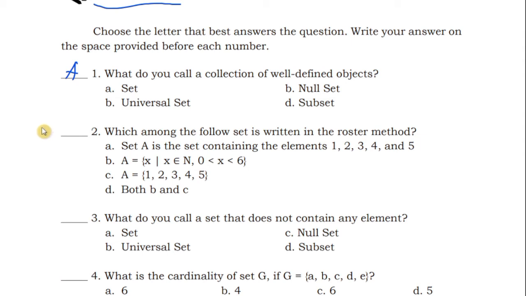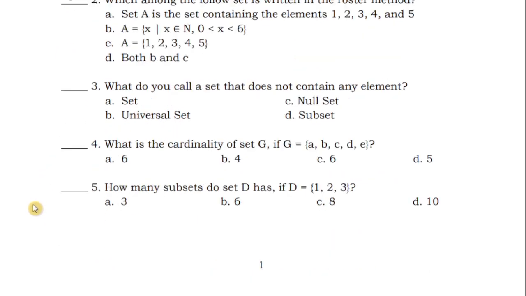B, A is equal to the set of all x such that x belongs to natural numbers wherein x is between 0 and 6, or we say x is greater than 0 but less than 6. C, set A is equal to the set 1, 2, 3, 4, 5. Then D, both A and C. So in this case the answer is letter C.